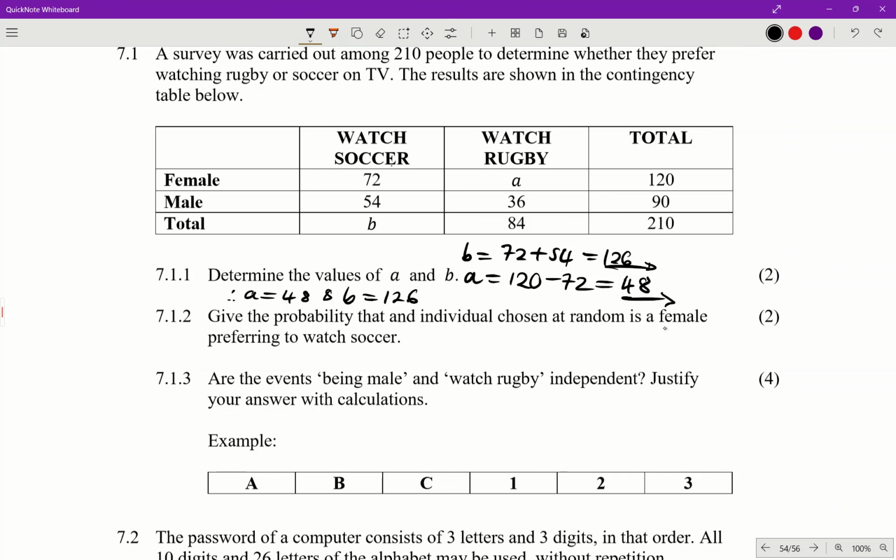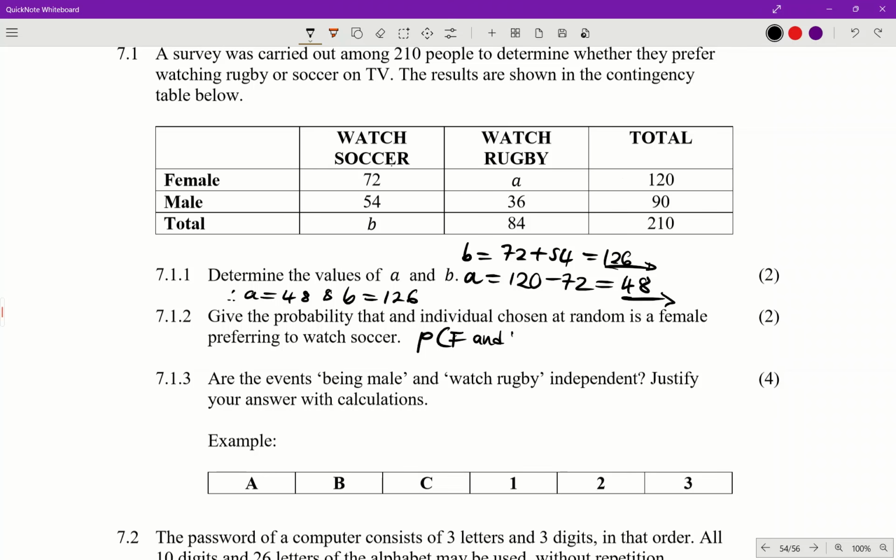Okay, female and watching soccer. So it's the probability of female preferring to watch soccer. So I'm just gonna say the probability of female, and hey, don't write it like that, just to be, and watching soccer.